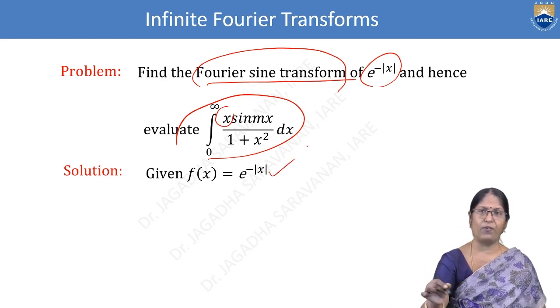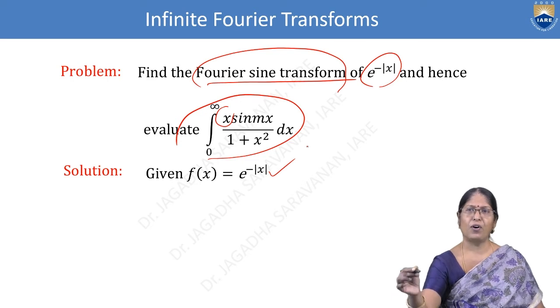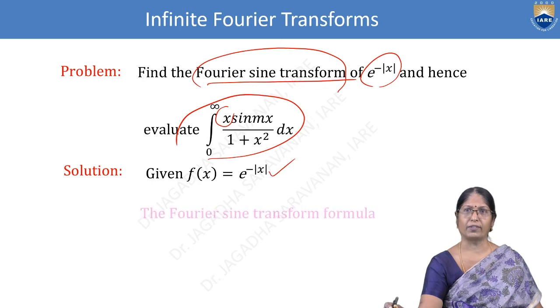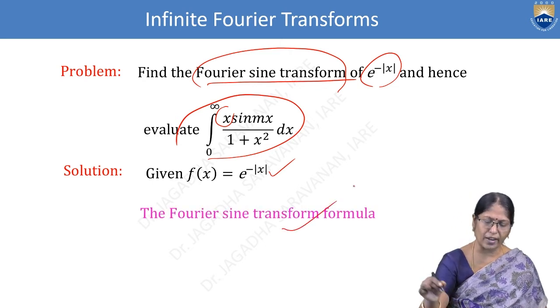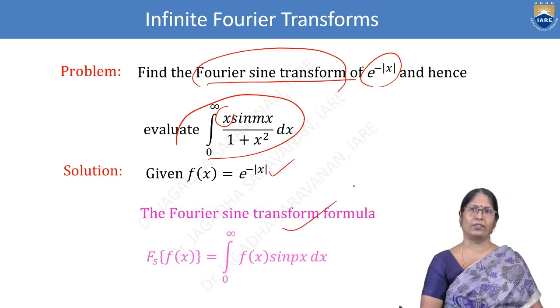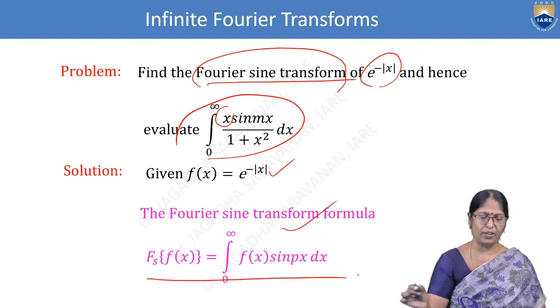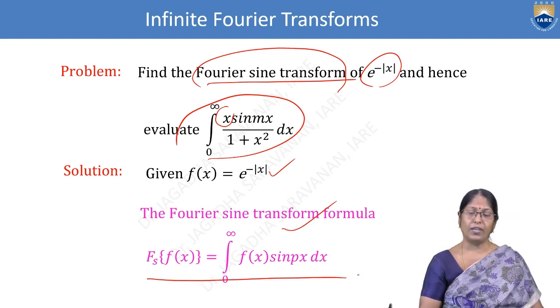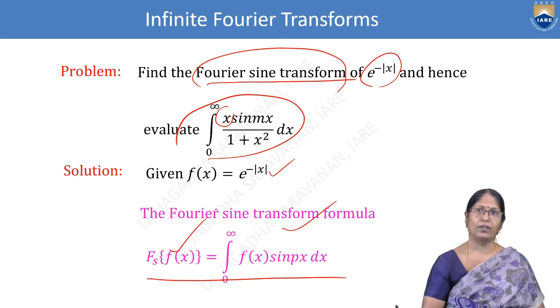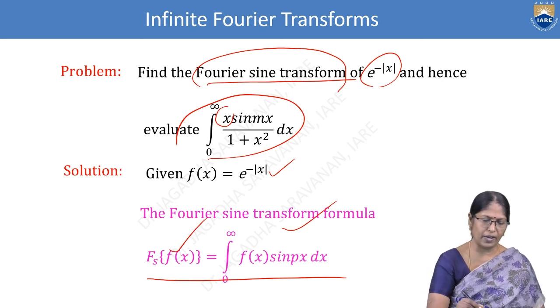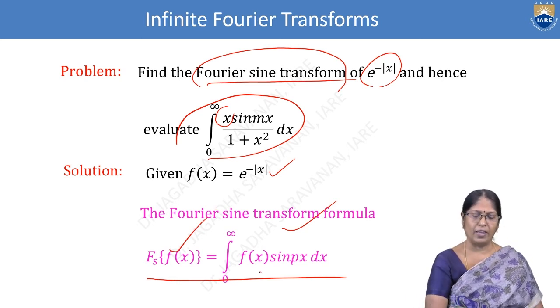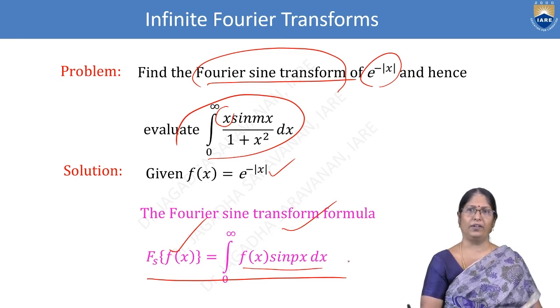The given function is f of x equals e power minus mod x. The Fourier sine transform formula is capital F S of f of x equals integral 0 to infinity f of x sine px dx.